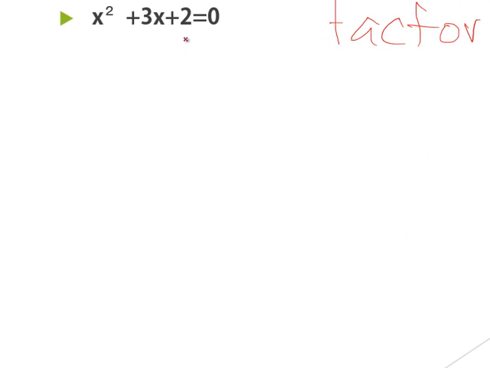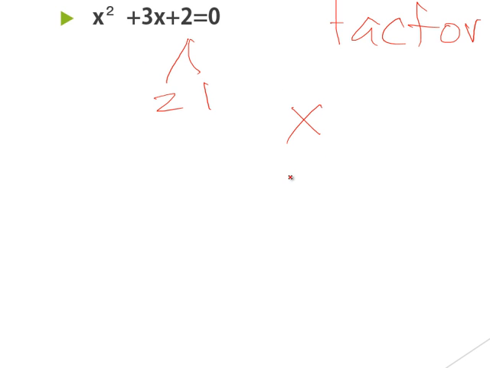Now, since we have learned about factoring and I've shown this example before, we'll solve this equation by factoring. So x squared plus 3x plus 2 is equal to 0. We have our 0 at this side. So 2 and 1, which will get us 3.